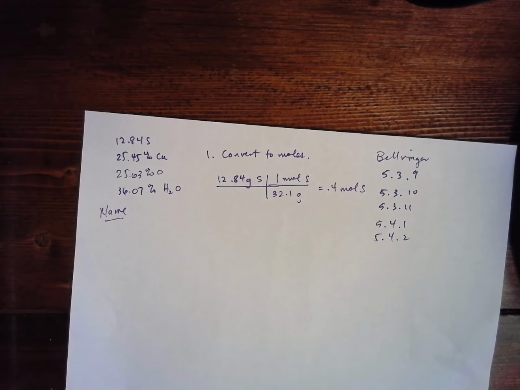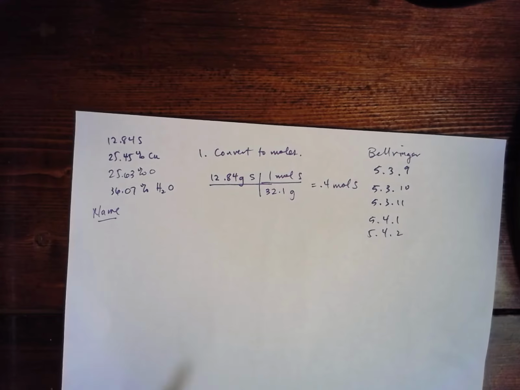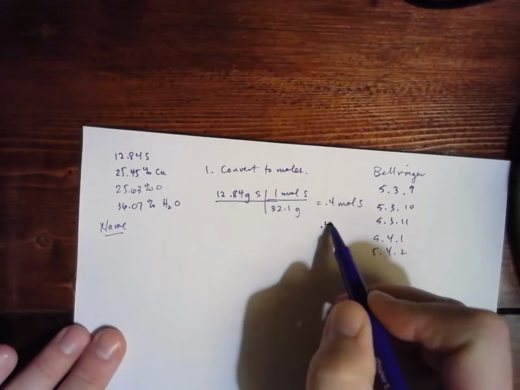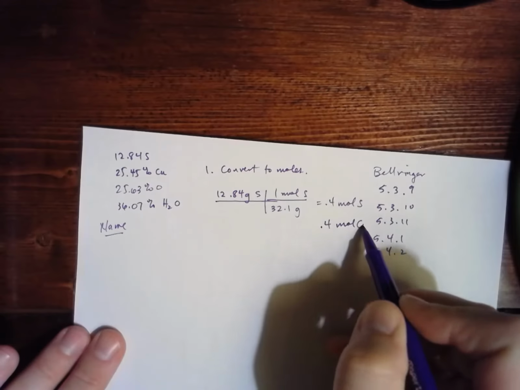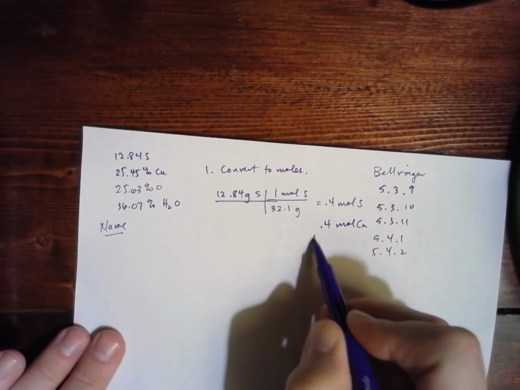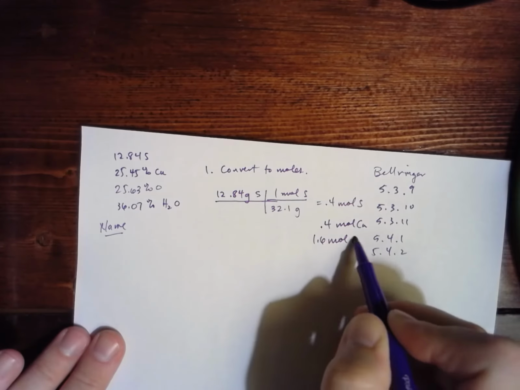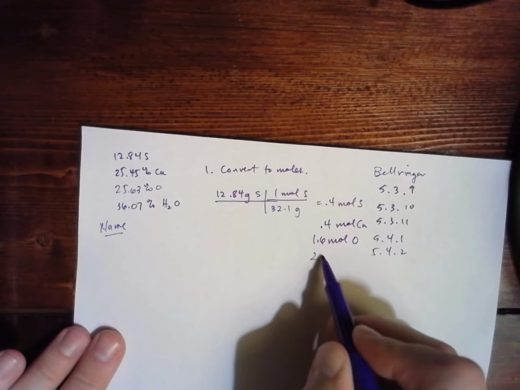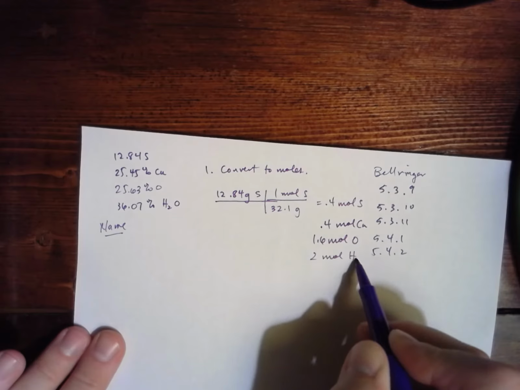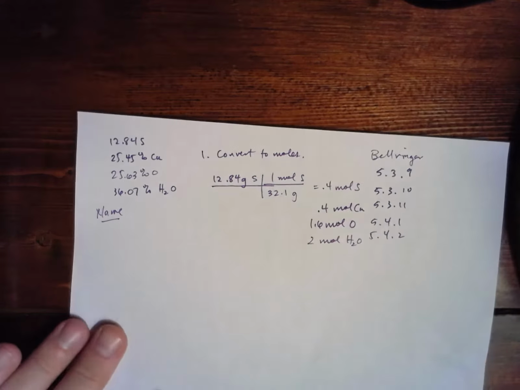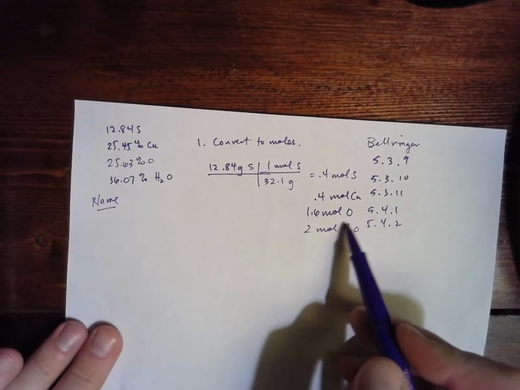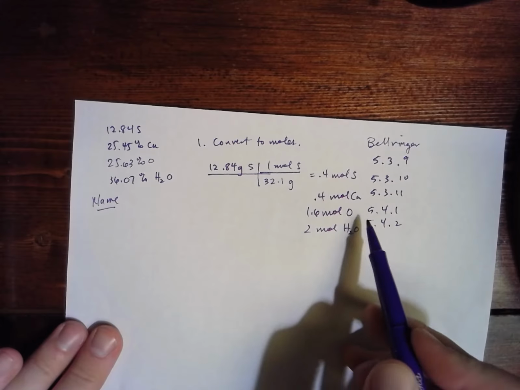All right, and we get 0.4 moles of copper, 1.6 moles oxygen, and 2 moles of water. What do we do? All right, so this is clearly supposed to tell us that it's a hydrate because it's an H2O.